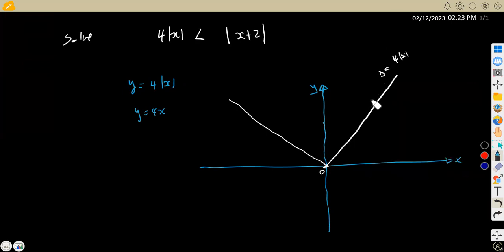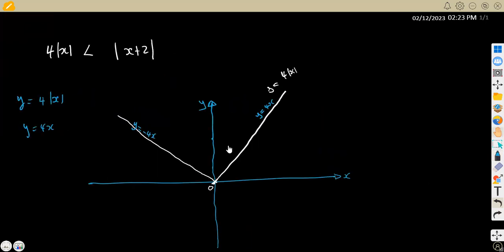The one with a positive gradient, which is y is equal to 4x, and the one with the negative gradient, which is y is equal to minus 4x. That's what it means. There's no need for you to write this on the graph. You need to know what it means actually. All right, so that was for the first one.